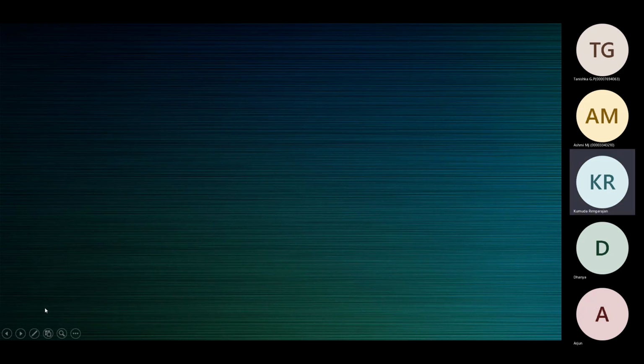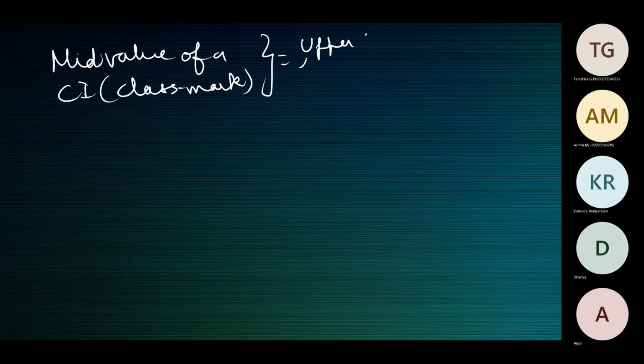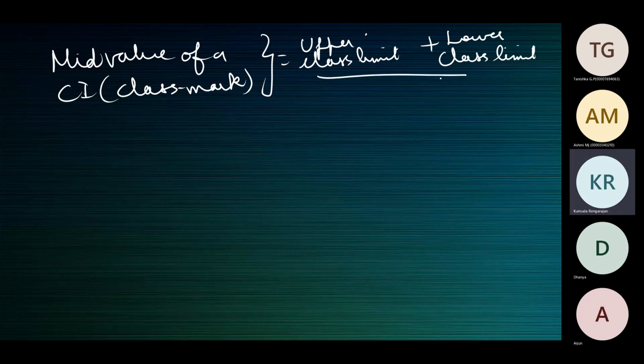Now coming to the mid value of a class interval. The mid value of a class interval is also called the class mark. The class mark, or the midpoint of a class interval, is given by the upper class limit plus the lower class limit, divided by 2.